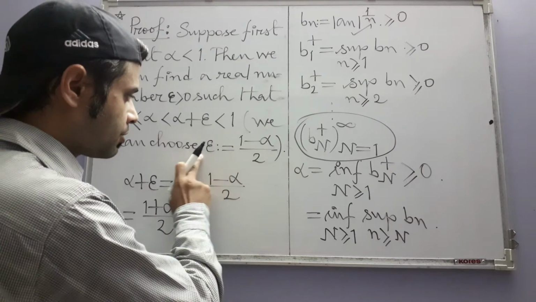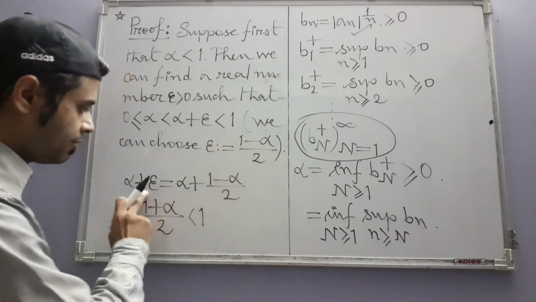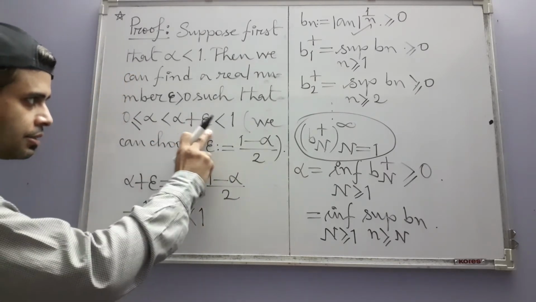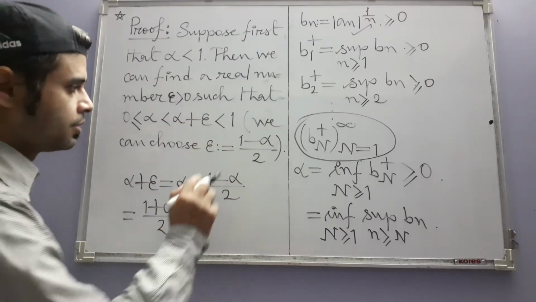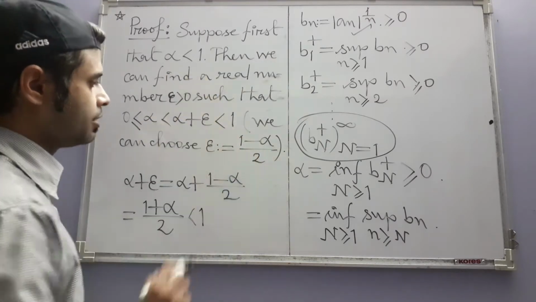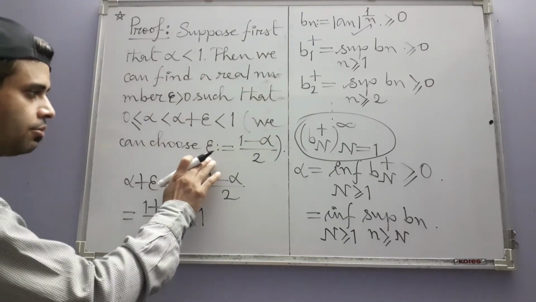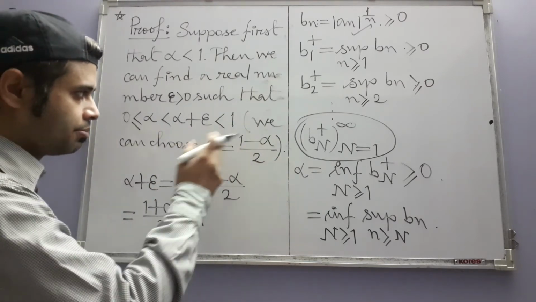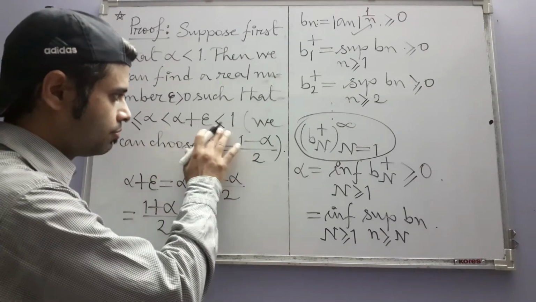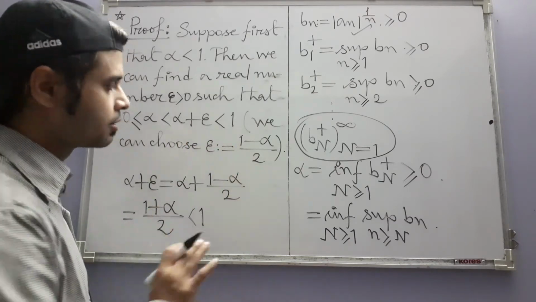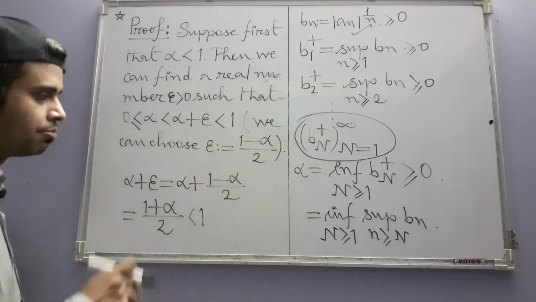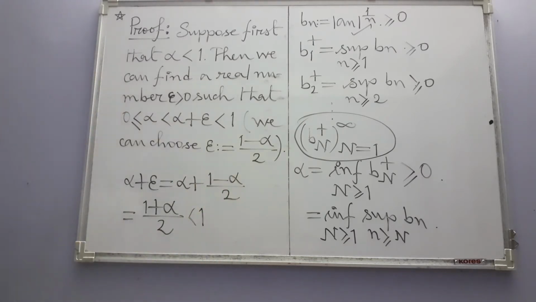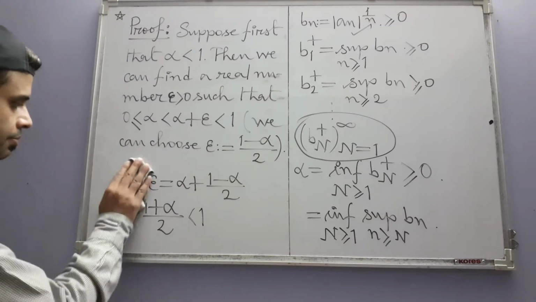This epsilon, in spite of being a favorable epsilon which gives us this inequality, is positive also. That is because alpha is less than 1. So for this value of epsilon, we can make it work. But other values of epsilon also will exist, which one may choose. We just need one epsilon, and that's it.